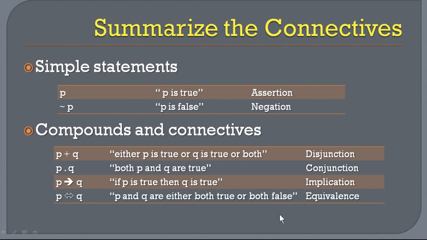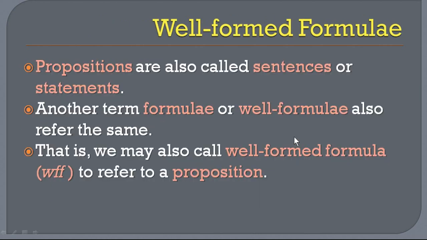So this is what you have just seen till now. Next is the well-formed formula. What is this well-formed formula? Propositions are also called sentences or statements. Another term, formulae or well-formed formulae, also refers to the same. If you use an operator in between two operands, then it is a well-formed formula.